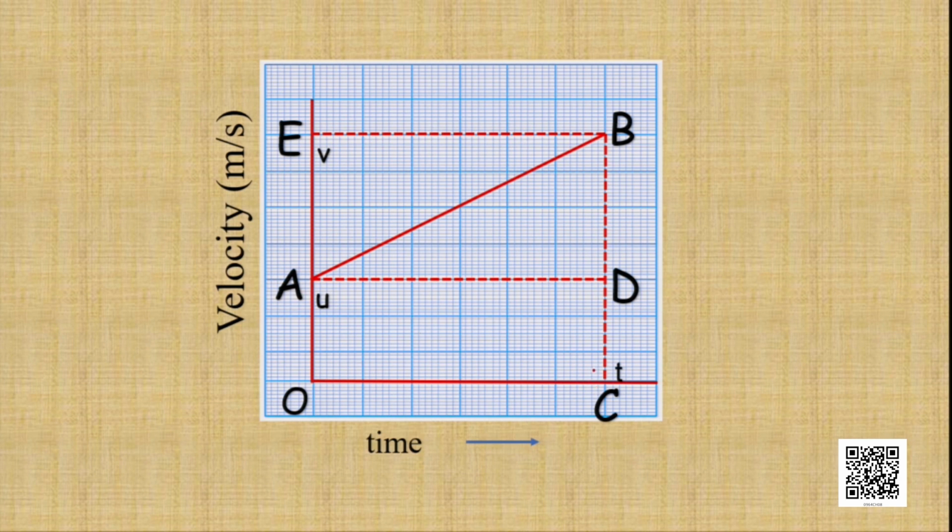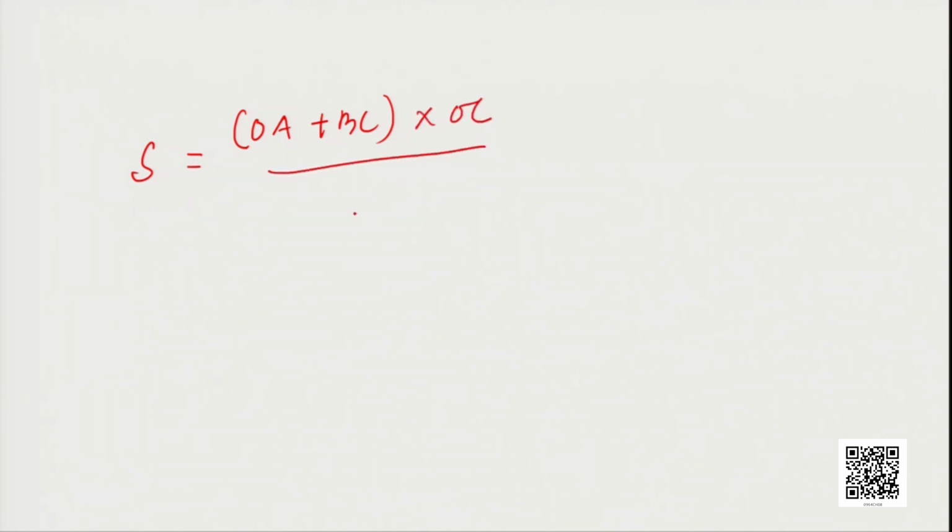So if you find out the area of the trapezium, we can find out the distance travelled by the object. Let us see how you will find out the area of the trapezium. You know the formula for the area of trapezium is equal to (OA plus BC) multiplied by OC, and that's divided by 2.